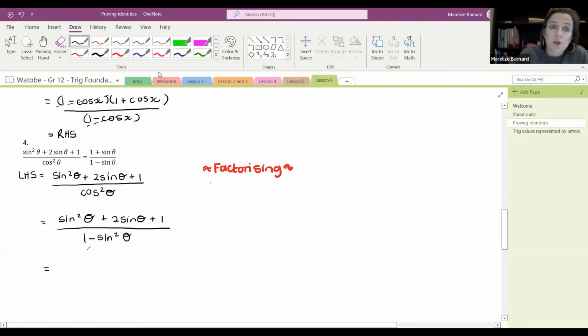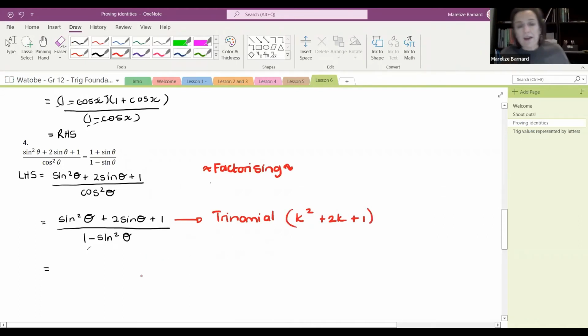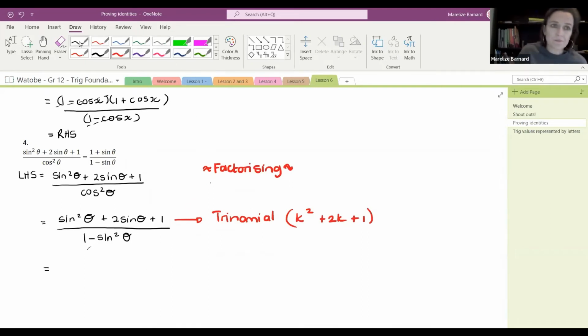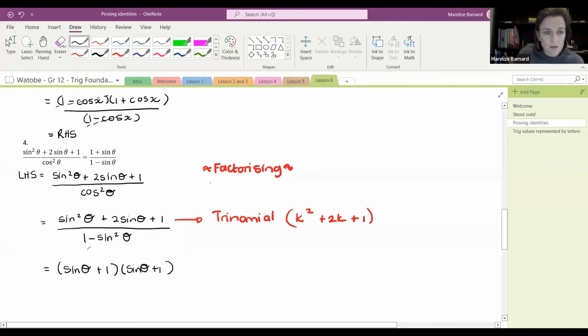Okay, so we said that this numerator is a trinomial. If you're struggling to see it, I'm going to write it as k squared plus 2k plus 1. Maybe that is easier to see than with the sine. So sine theta plus 1 and sine theta plus 1 over, and I think we should definitely also be factorizing this again.